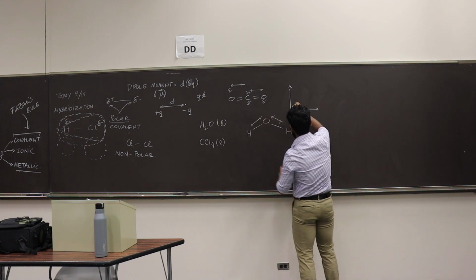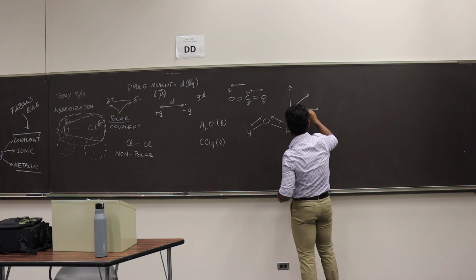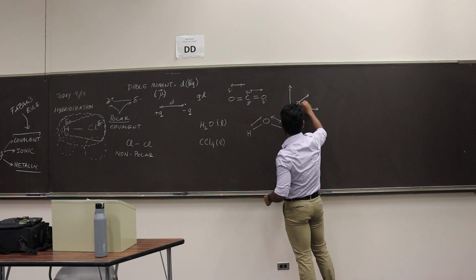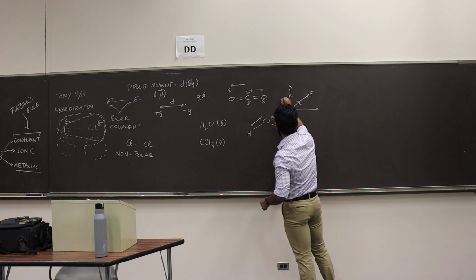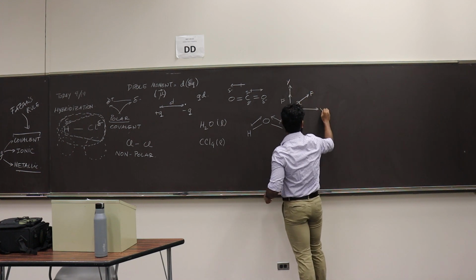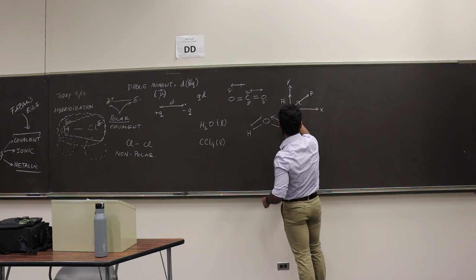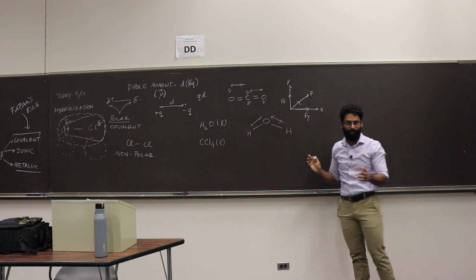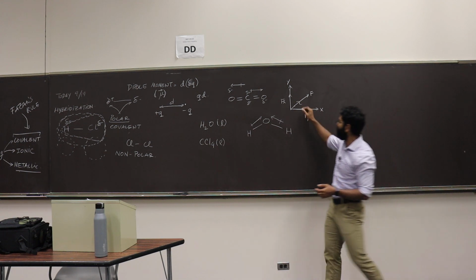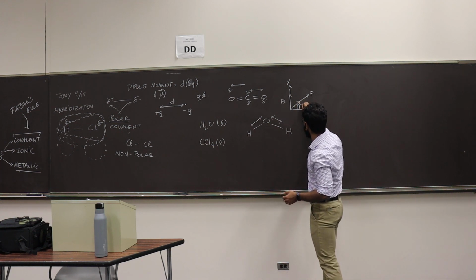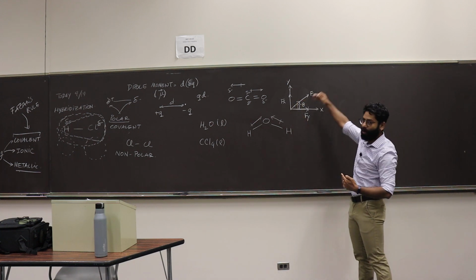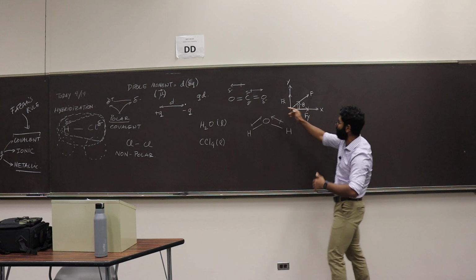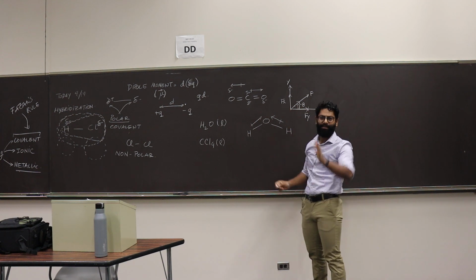If you have this force, it can be resolved as follows. Let's assume this is y, this is x, this becomes the fx, and this becomes the fy. Do you remember this concept? If this was the angle theta, this became f cos theta, and this becomes f sine theta?